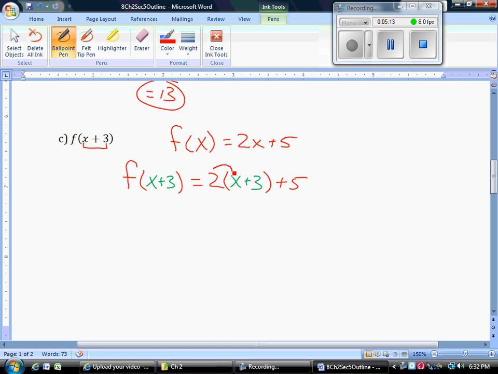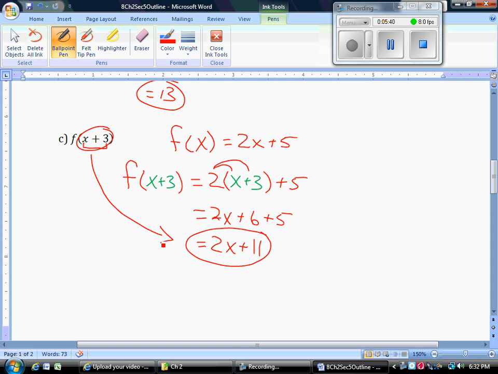I have the distributive property here, so that gives me 2x plus 6 plus 5. Then I have 2x plus 11. So that's my final answer. We didn't plug any specific number in for x, but we plugged in the phrase x plus 3. And so f of x plus 3 is equal to 2x plus 11.